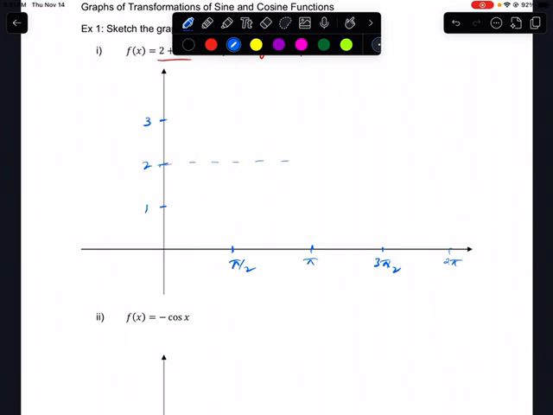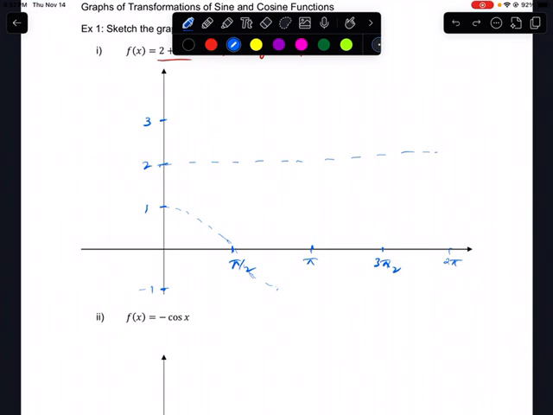So if you want, you can first draw your original cosine, which will be like this. Negative 1 is over here. Oops, my bad.